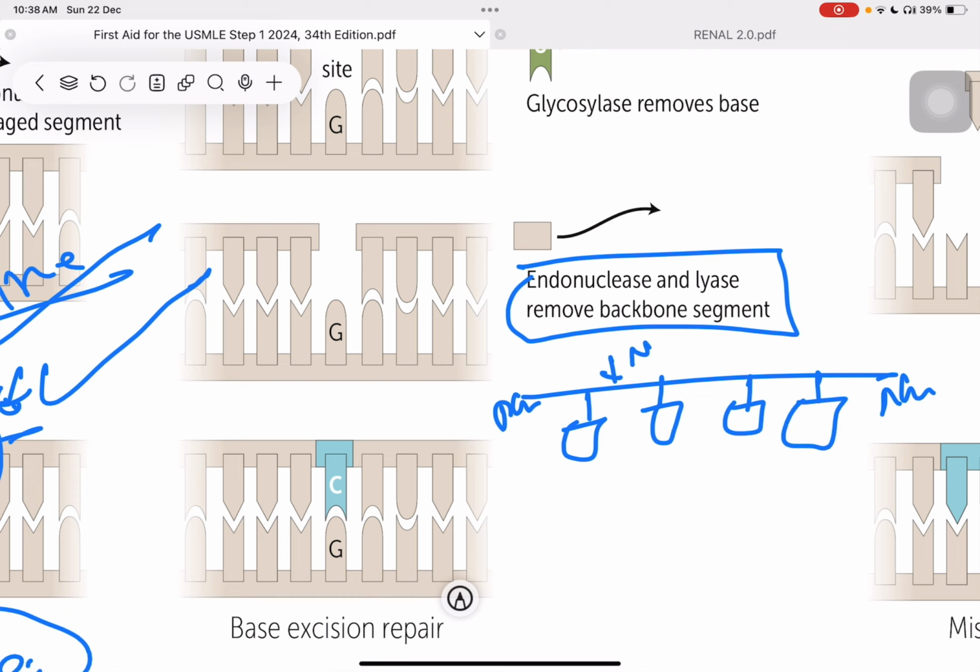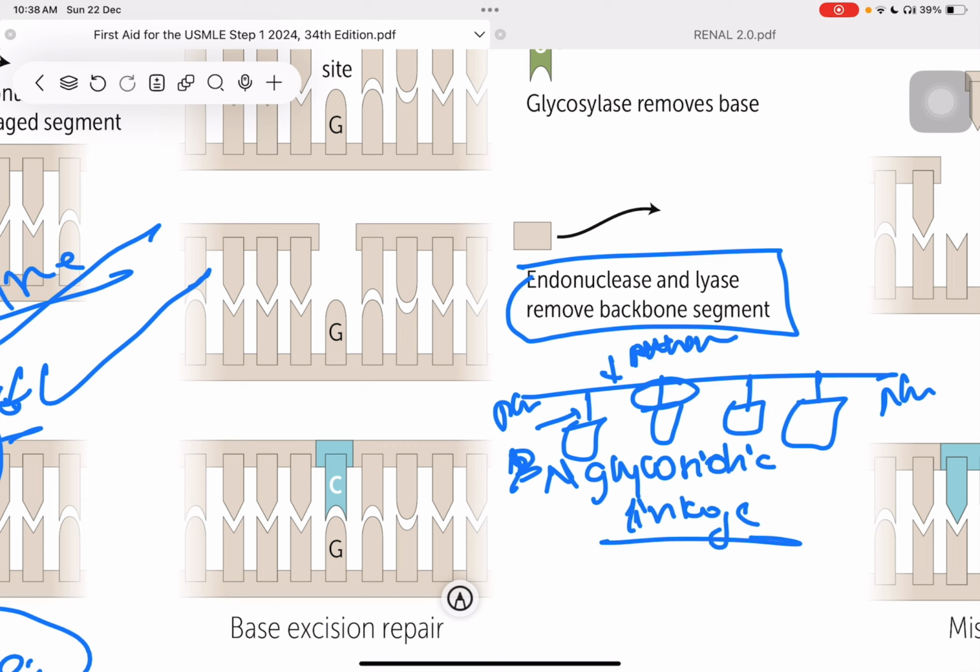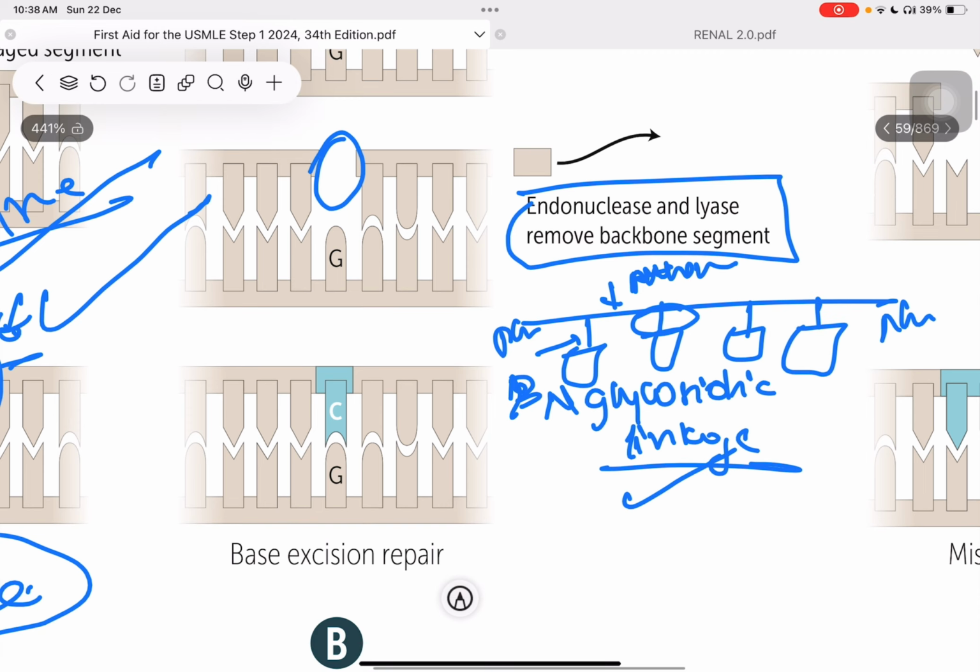This is the phosphodiester bond. This is the N-beta-N glycosidic linkage. This bond over here is very unstable. It can break very easily. So once you have a break over this bond, which is the N-glycosidic linkage, you have an apurinic site or apyrimidinic site. To deal with this apurinic or apyrimidinic site, we have endonuclease activity.